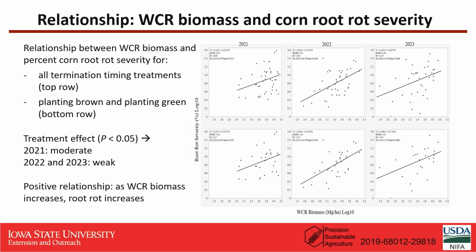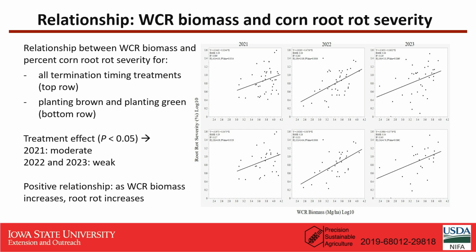What we found was, first off, a positive relationship for all of the years, and that just means that as one factor increases, the other factor increases. So here, as winter cereal rye biomass increases, root rot increased. And also for 2021, which was the first column, we saw a moderate positive relationship. And then for 2022 and 2023, they were weak relationships.